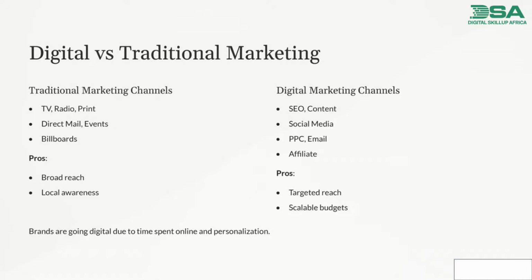If you're not my target audience, I probably don't need to be advertising to you. I'd be wasting money because billboards, TV, radio, and newspaper advertising are expensive. But with digital marketing, you can use your YouTube budget to target only the people that you want to sell to. That's where the scalable budget comes in, and that is the advantage digital marketing channels have over traditional marketing channels.